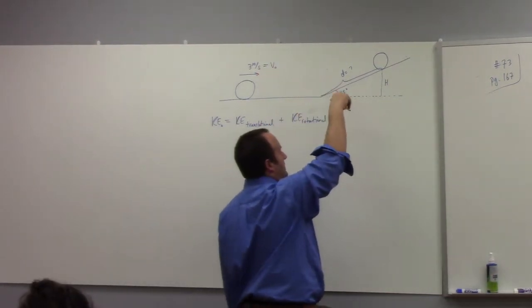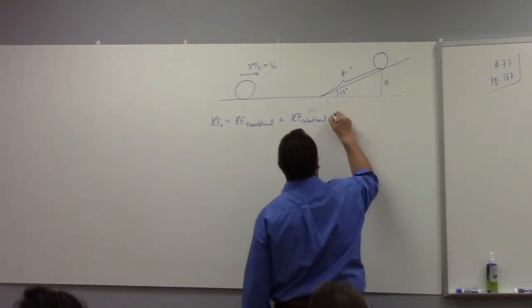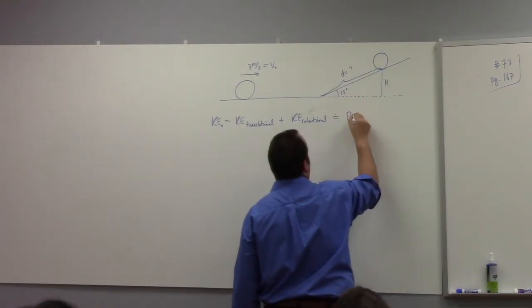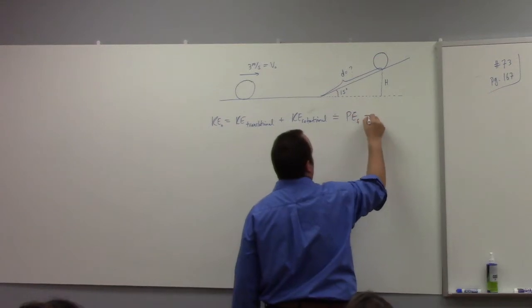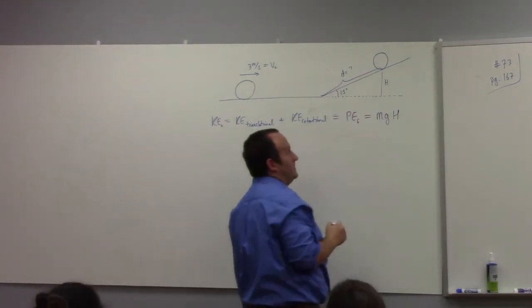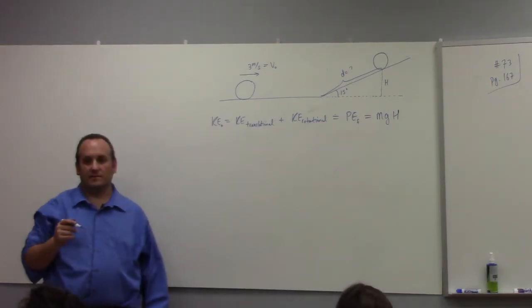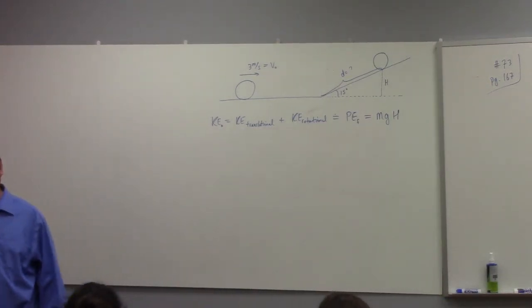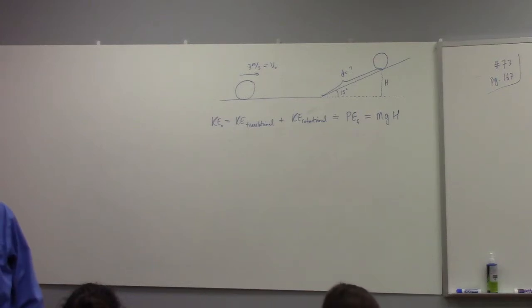And how about the end point? That's equal to the potential energy at the end, which would be mgh. Why is there no kinetic energy at the end? Well, I'm interested in the point right before it starts coming back down, so right when it's at rest at the top of its path up the incline.